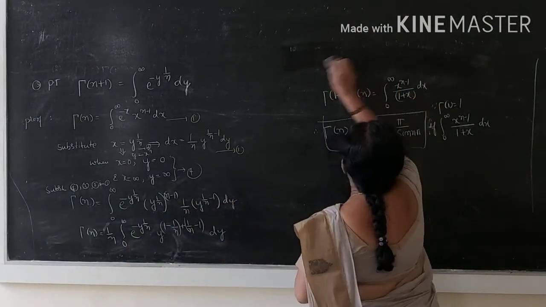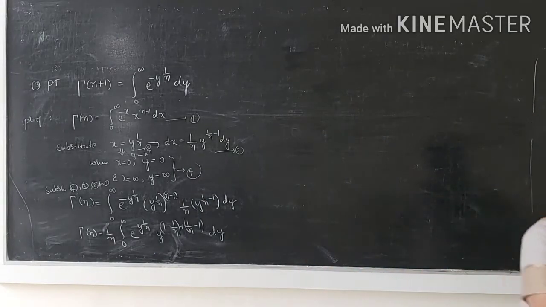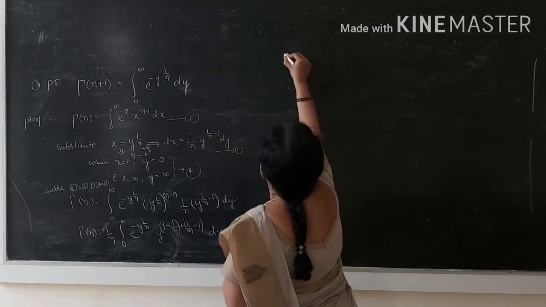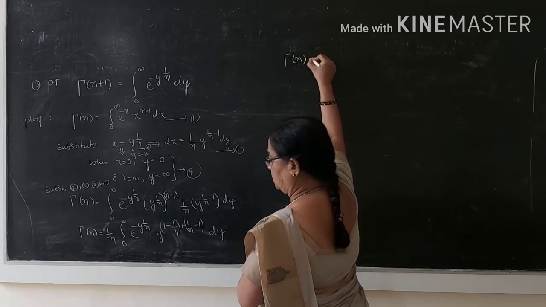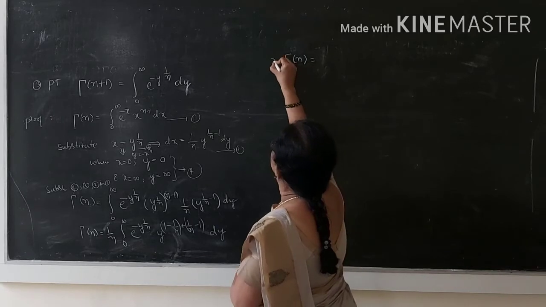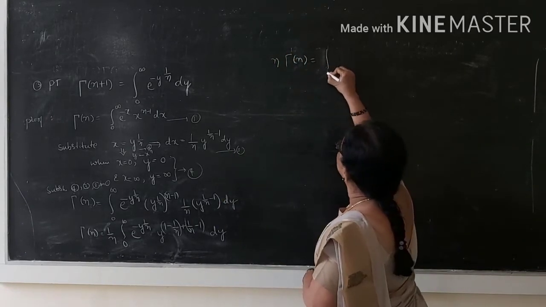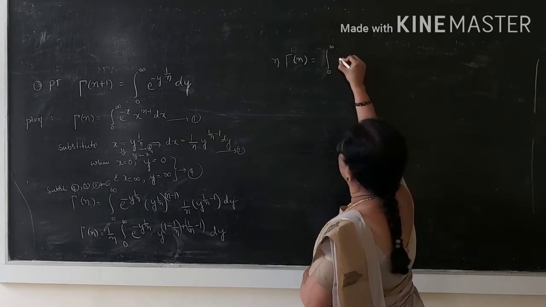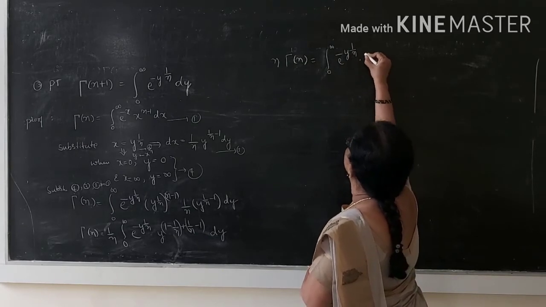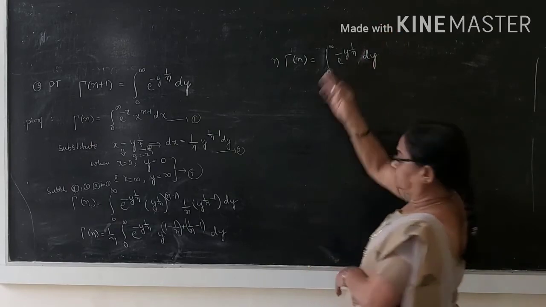Is it okay? Now I write this as gamma of n is equal to 1 by n times the integral. I cross multiply that: n gamma of n is equal to the integral from 0 to infinity of e power minus y to the power of 1 by n into 1 into dy. Into 1 means it is nothing but the same value.